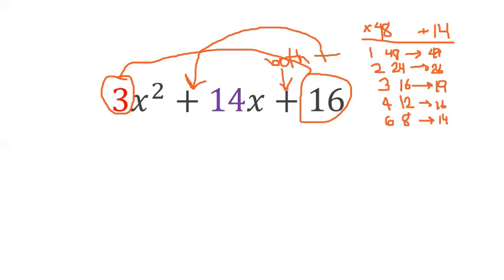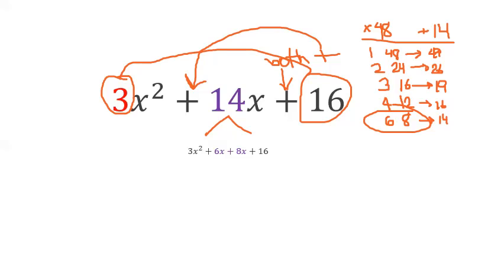So remember, if you're able to go straight to, you know it's the 6 and the 8, then you can go ahead and split up your 14x into 6x and 8x. The order doesn't matter. You could do 8x plus 6x, but seeing that it starts with a 3, we might want to put the 6 first, just because we know that there's a GCF between the two. So we've broken it up, looking for your GCF between 3x squared and 6x. Remember, you can take out a 3 from both of the coefficients and an x.